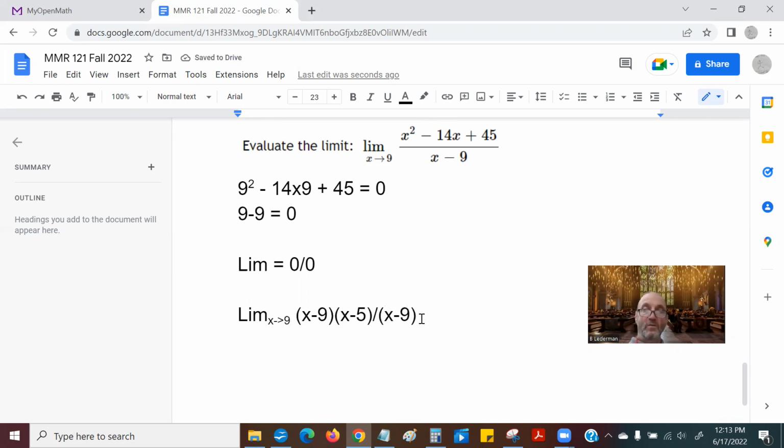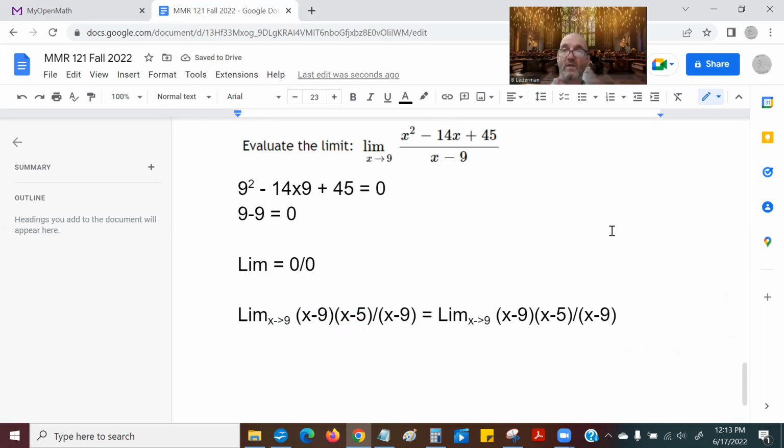Well, this is going to be equal to the limit where the x minus 9 on the bottom is going to cancel the x minus 9 on the top. And I just have the limit as x goes to 9 of x minus 5.